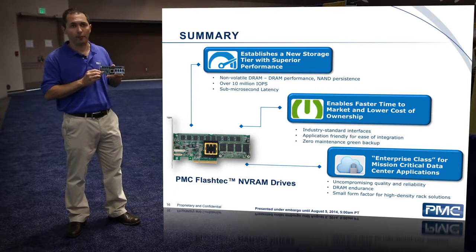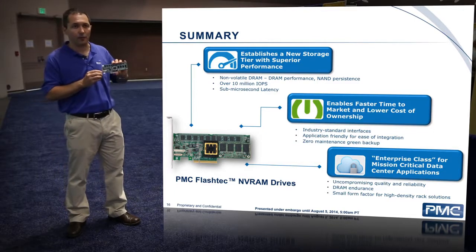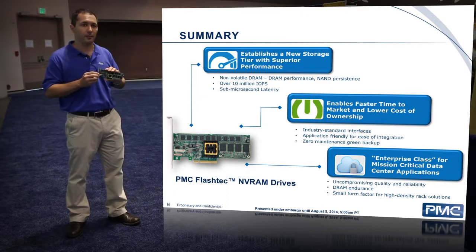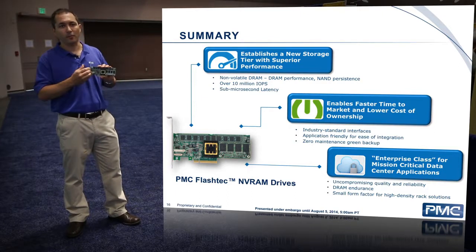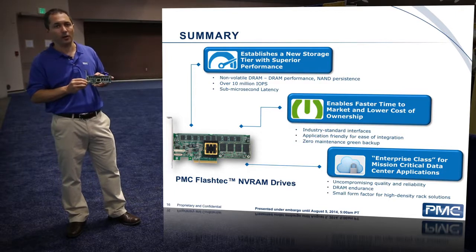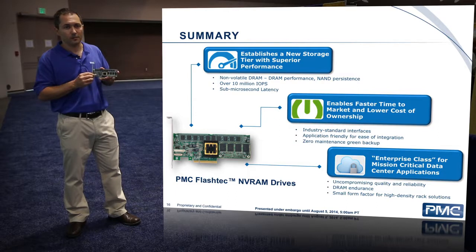We provide the performance and endurance that applications need. With our industry standard interfaces, our PCI Express form factor, our NVMe drive interface, and our native memory map access, we provide faster time to market and lower cost of ownership for the system.